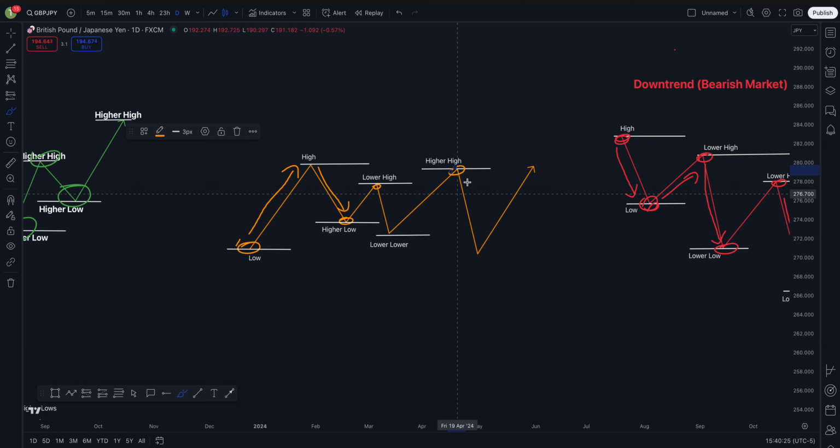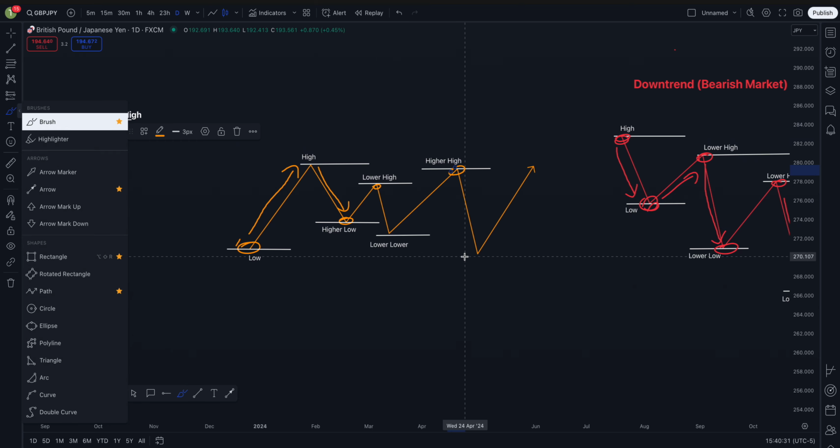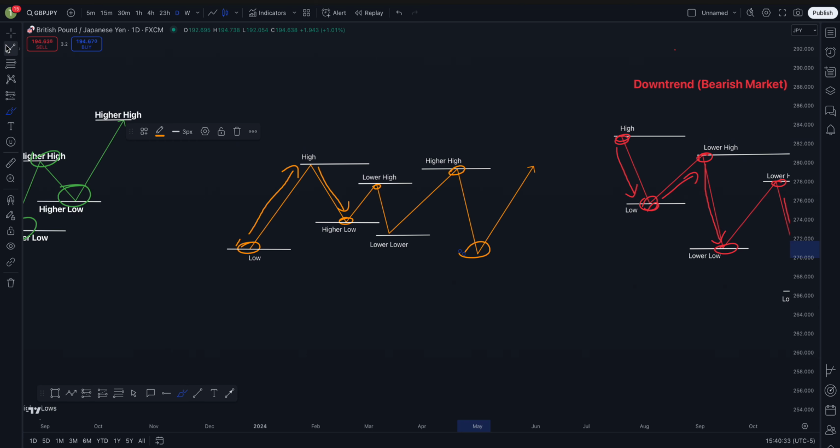And then instead of price making a higher low, it makes yet another lower low. So as you can see, there's a lot of confusion and no clear direction in price right here.